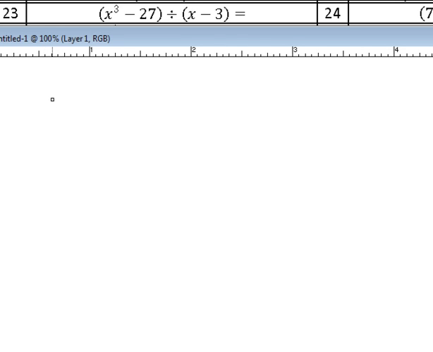In number 23, we have another division. So we have x minus 3 divided into x cubed minus 27. Now x cubed is a third degree, and it's missing an x squared term and an x term, so we're going to put that in. Alright, so for x squared, we'll put in 0 times x squared.